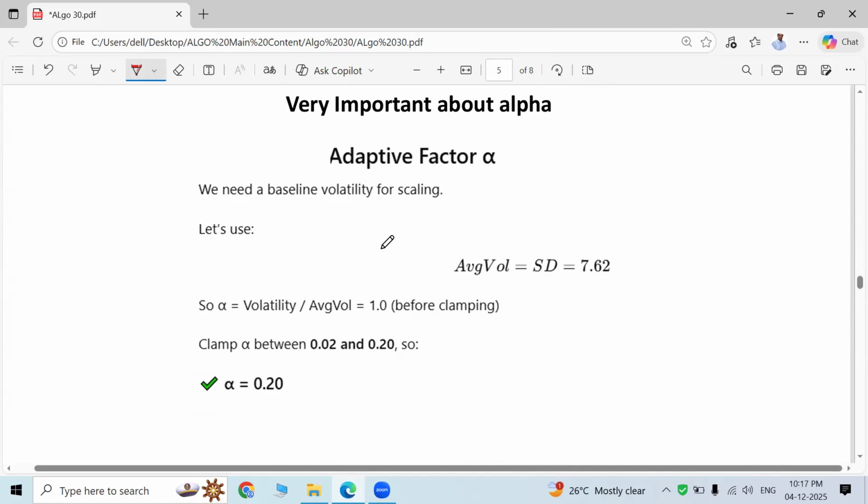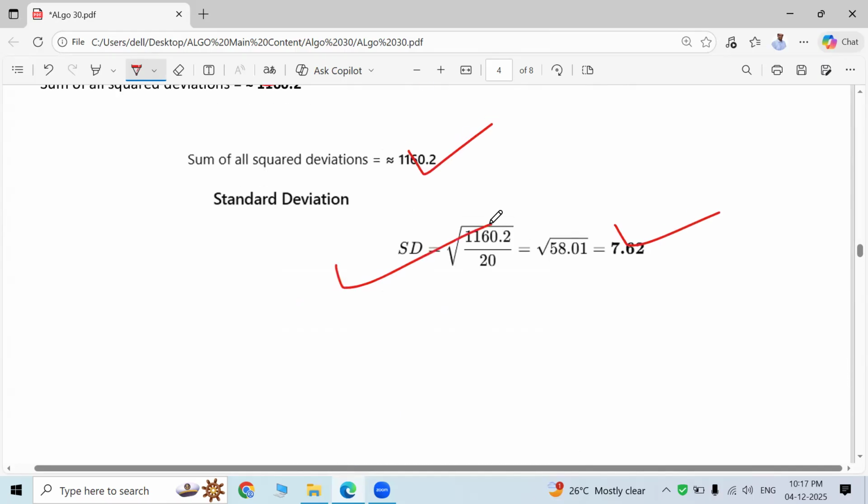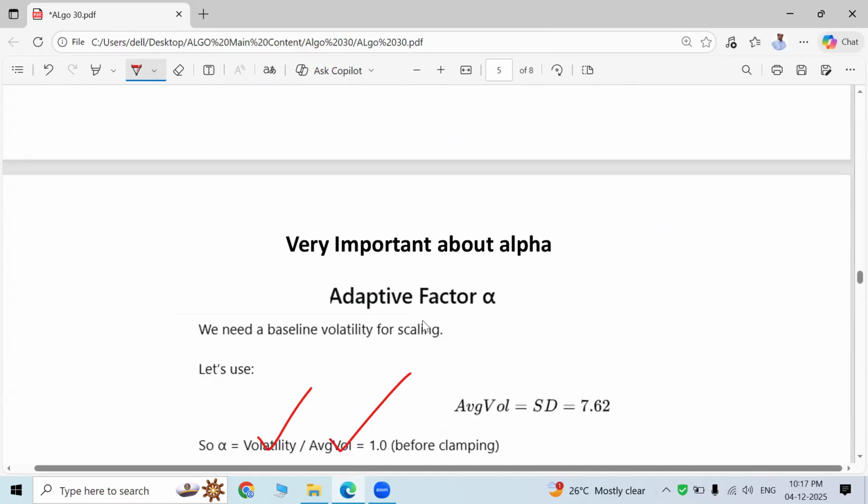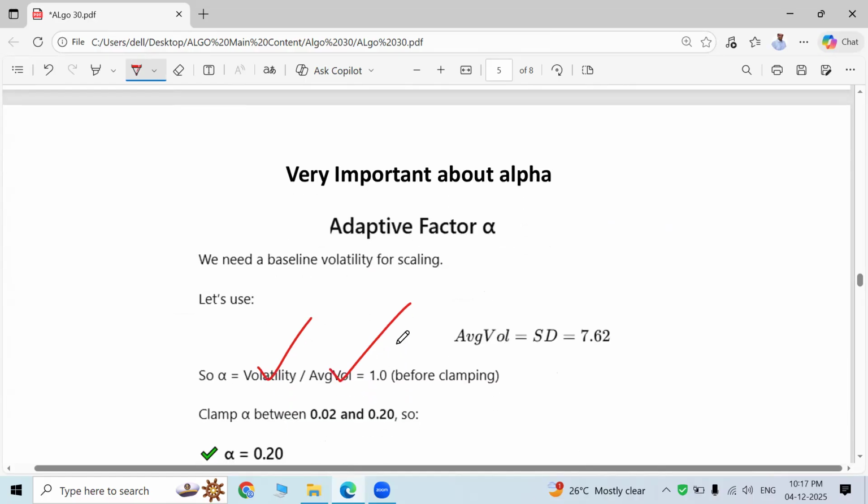Alpha will be calculated from the volatility divided by the average volatility. The standard deviation is considered to be the average volatility. Currently we have both values the same: volatility is 7.2 and the average volatility is also 7.2.